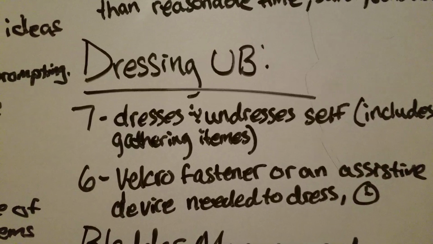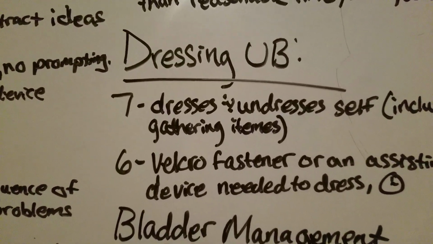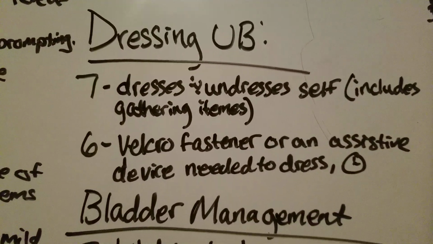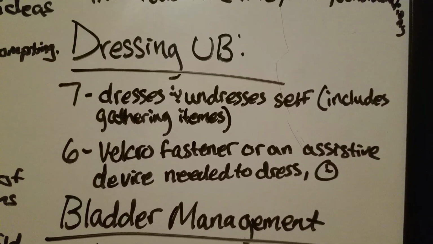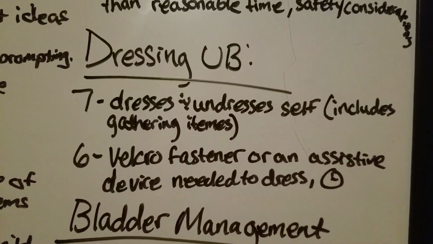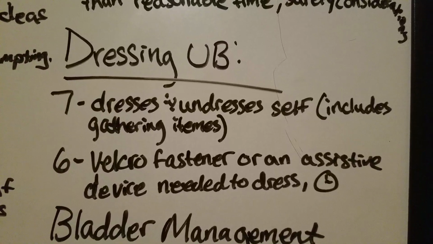So now we're at dressing of the upper body. I don't know why, but I don't have the lower body. I'm assuming it's the same. Okay, so a number 7 means not only can this person dress and undress themselves, but they can gather the necessary items, whether that's from a closet or a dresser drawer. They're able to obtain the items and get themselves prepared for the day.